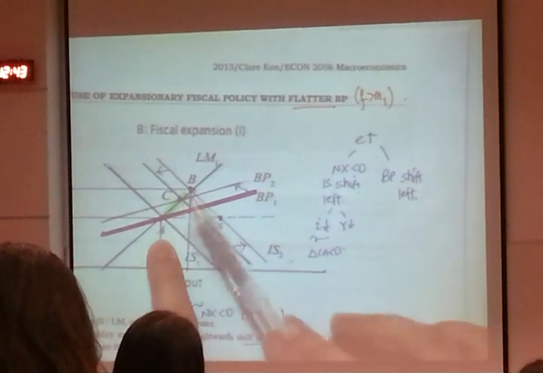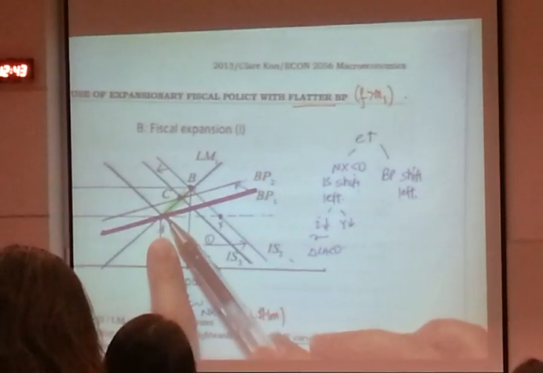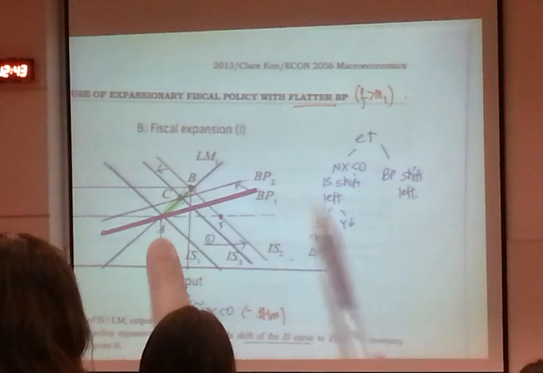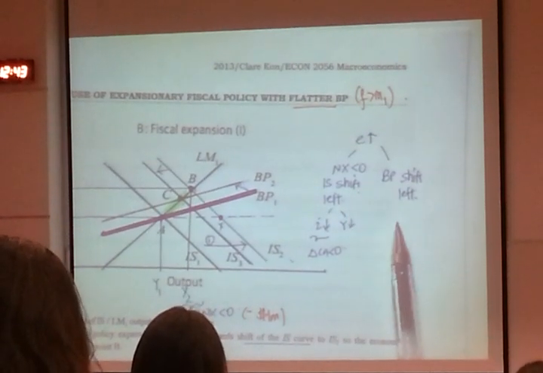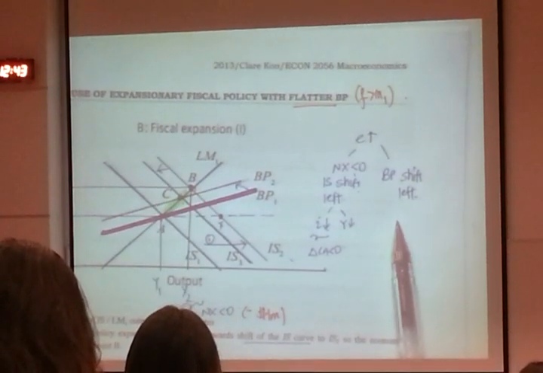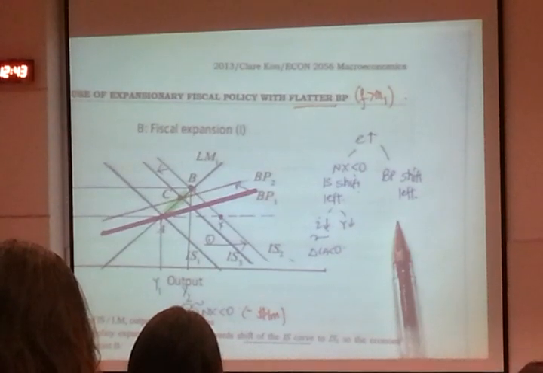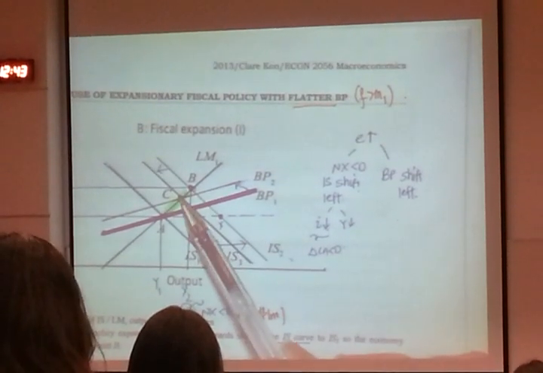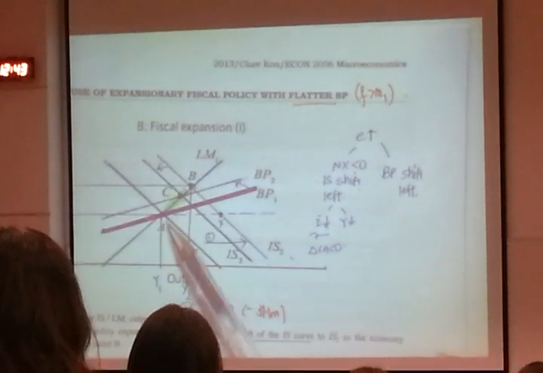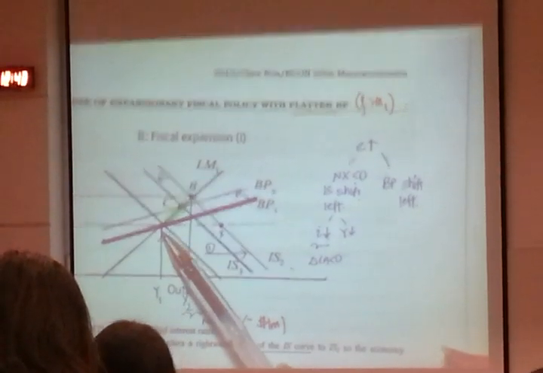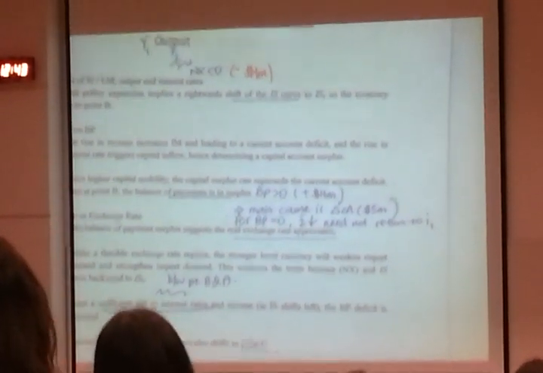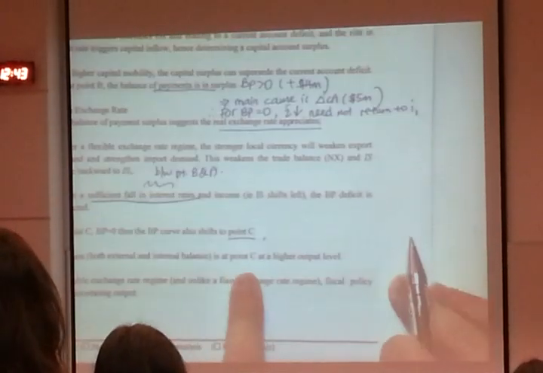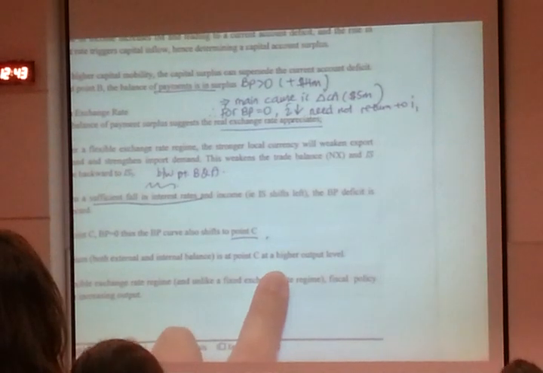So you mark out this zone, green zone, and it allows you to shift IS and BP all the way to the left. In this case you can see at point C, it's definitely higher than point A. So the new equilibrium point is at point C at a higher level of output.